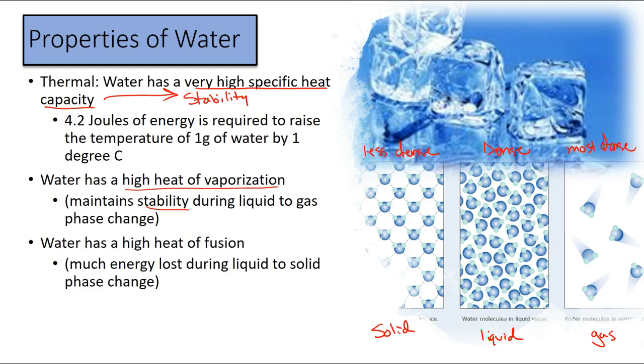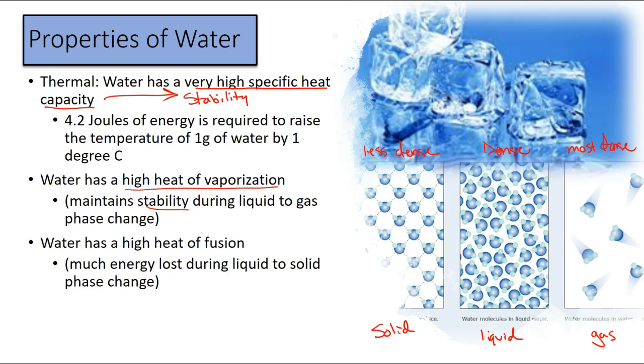Okay? Why is the thermal property of water so important? Well, when your core body temperature increases to an increasingly unsafe temperature, your body is physiologically going to start sweating in order to lower your core body temperature.